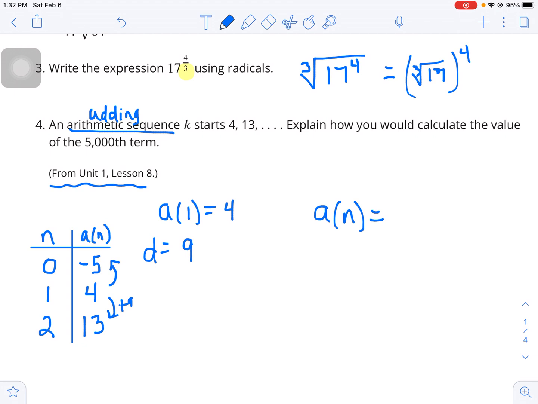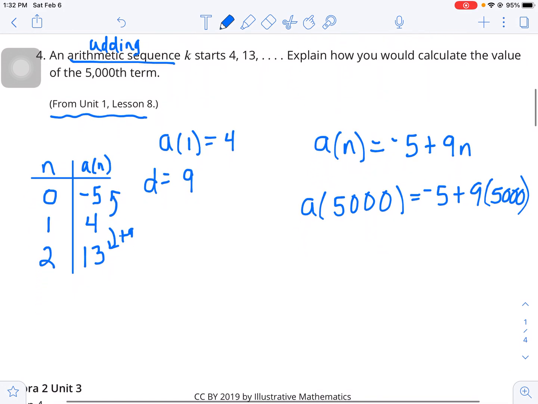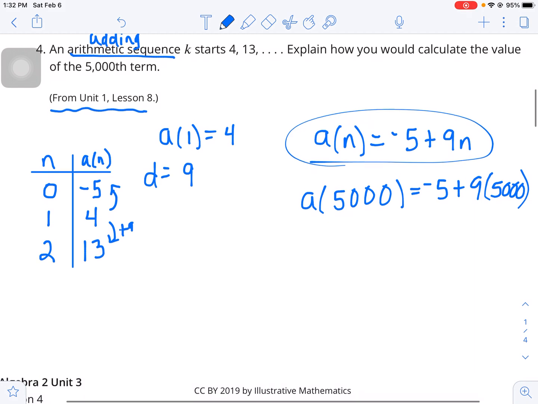So I'm going to start with that, -5, and then I'm just going to add 9 times n each time. So then a of 5,000 would be -5 plus 9 times 5,000 then. But this is, I think, all they were really after.